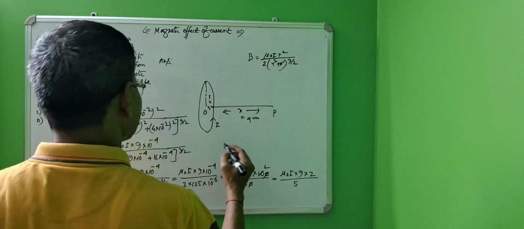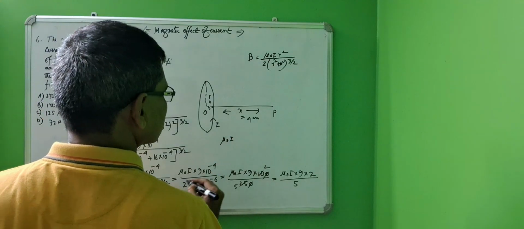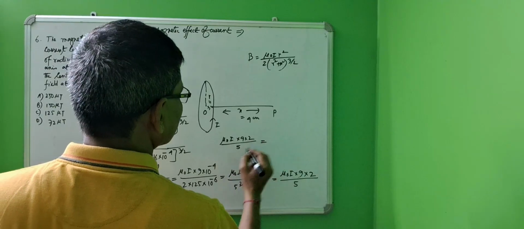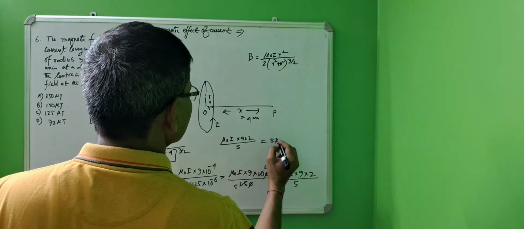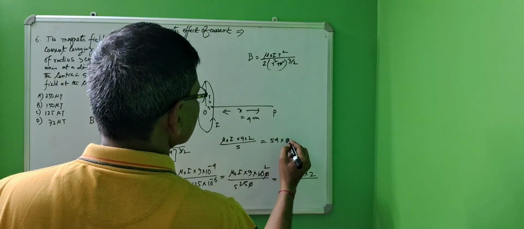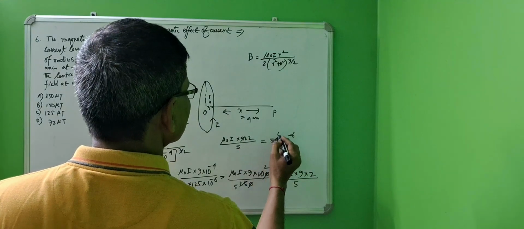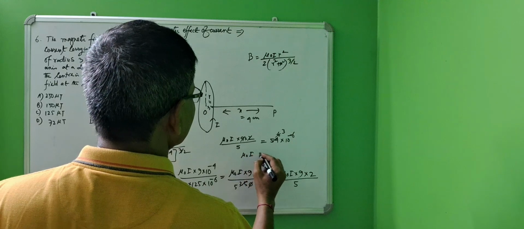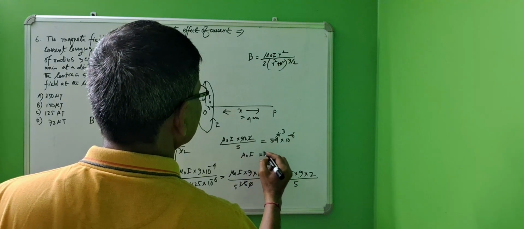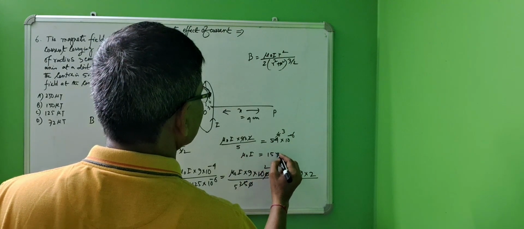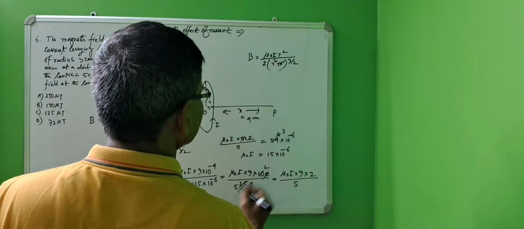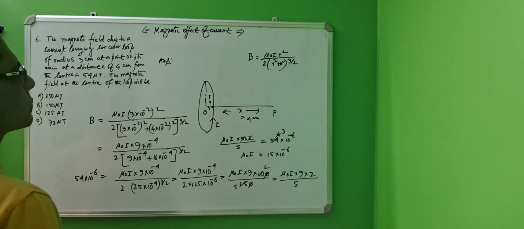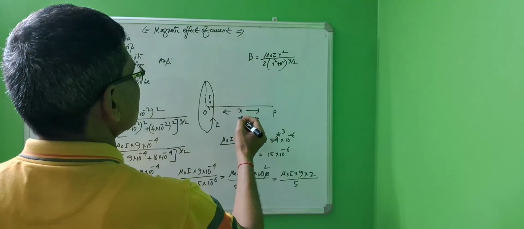So from this two we get, at the center x equal 0, put x equal 0.